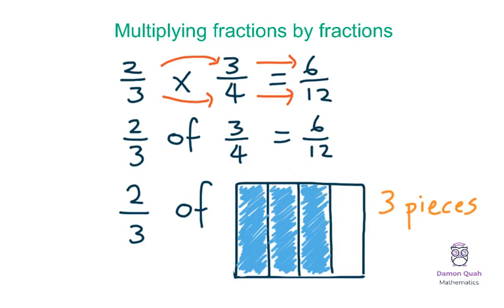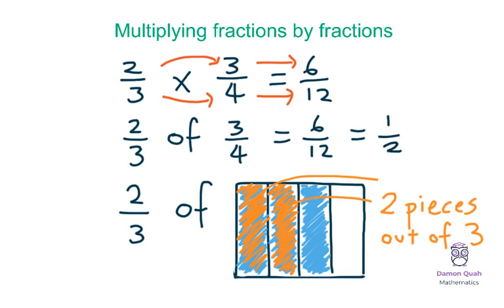Then we need to find 2 pieces. So 2/3 would be these 2 pieces, 2 pieces out of 3. We could colour those in as 2/3 of the 3 pieces that we have. That would give us 6/12, but also the equivalent fraction much more clearly as 1/2. So we can see the equivalent fraction by doing it in this method.